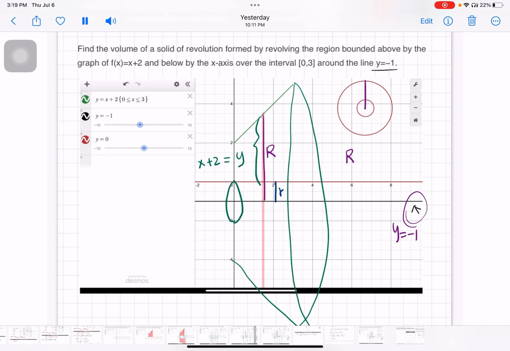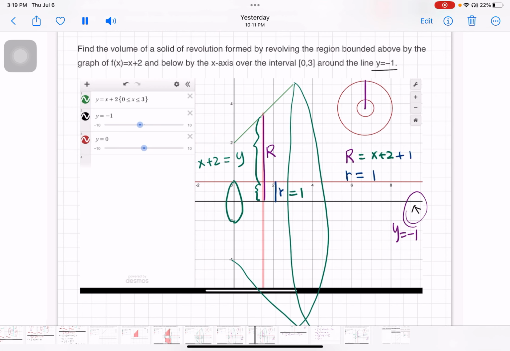Then for the outer one, it has two parts. The top portion is the function x plus 2. But the bottom portion is going to be the same as the smaller r, which is 1. So the larger radius R is actually the top portion, x plus 2, plus the 1, the smaller part.